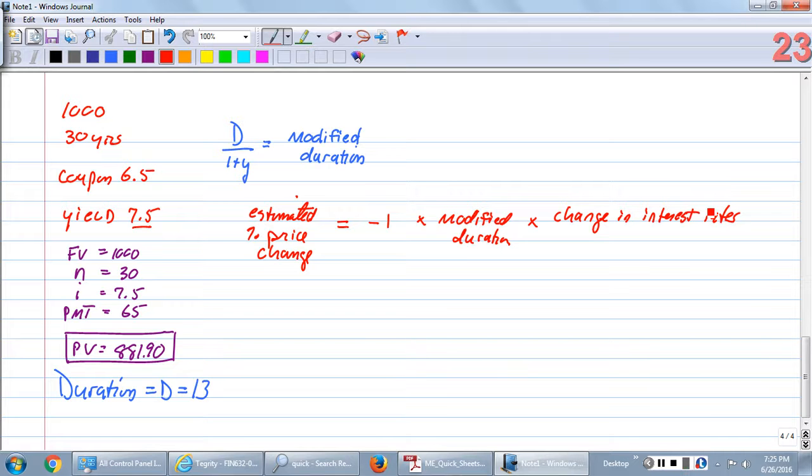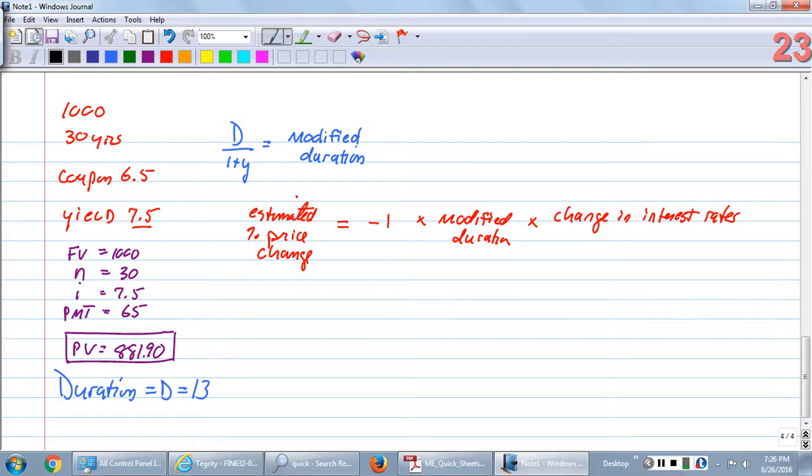Right? -1 times modified duration times the change in interest rates. Now, you actually have this on page 521.